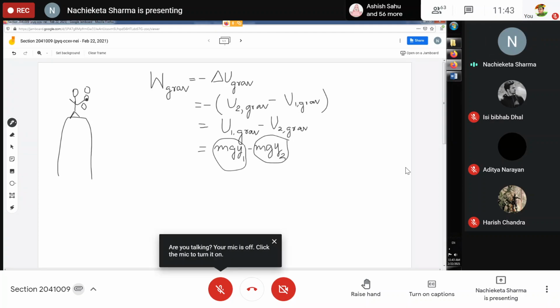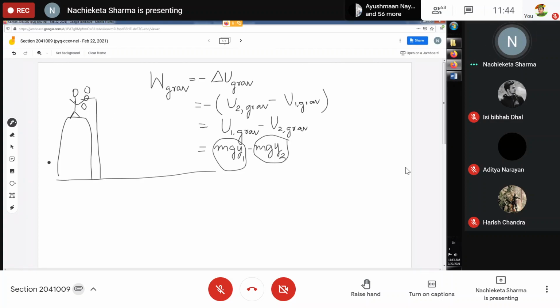From this height, you drop a ball like this. It touches the ground here. You allow the other ball to move like this and touch the ground here. And the third ball moves like this and touches the ground here.